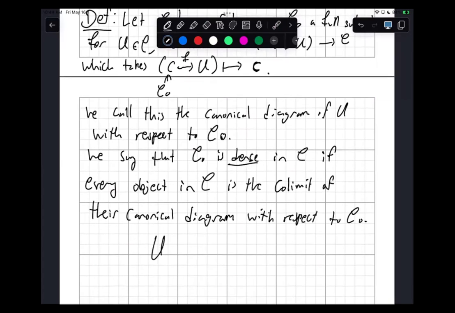So that would look like U is a colimit over all morphisms A to U, where A is in C0, of A.